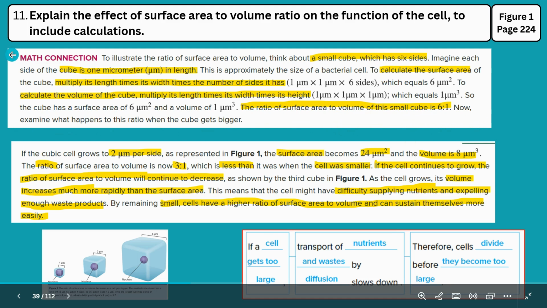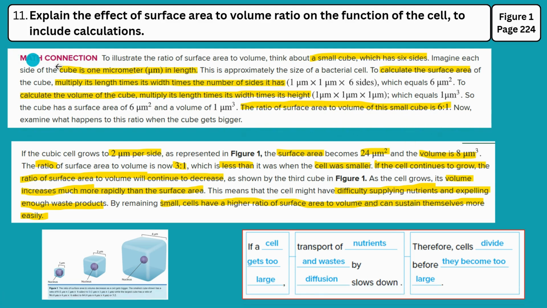So first, what is a math connection? There are two terms which have been used here. One is the surface area and the other is the volume. In math you've already studied what is the surface area and volume. So when we are talking about a cell, we take a cube. The surface area of a cube is 6 times the area of its sides.